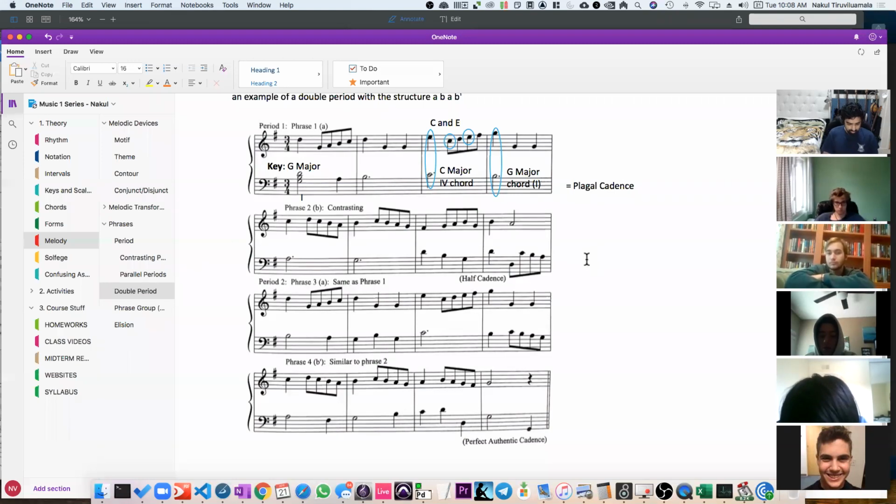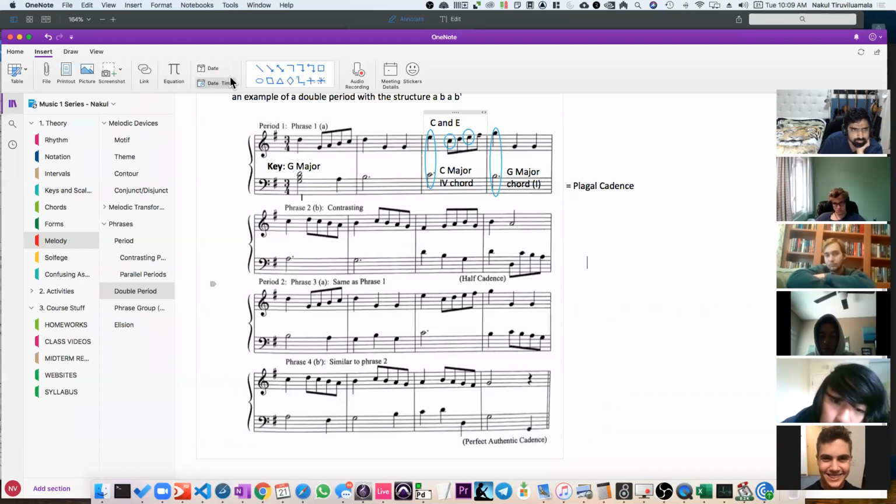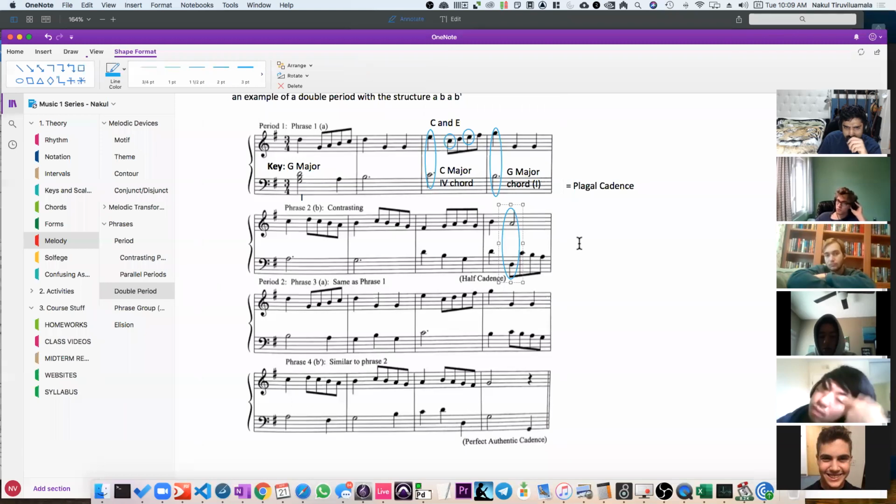All right, so then we have this. Okay, we have a half cadence right here that's given to us. There's many ways you could figure this out. It's given to us right here, so it's not so hard to figure out.